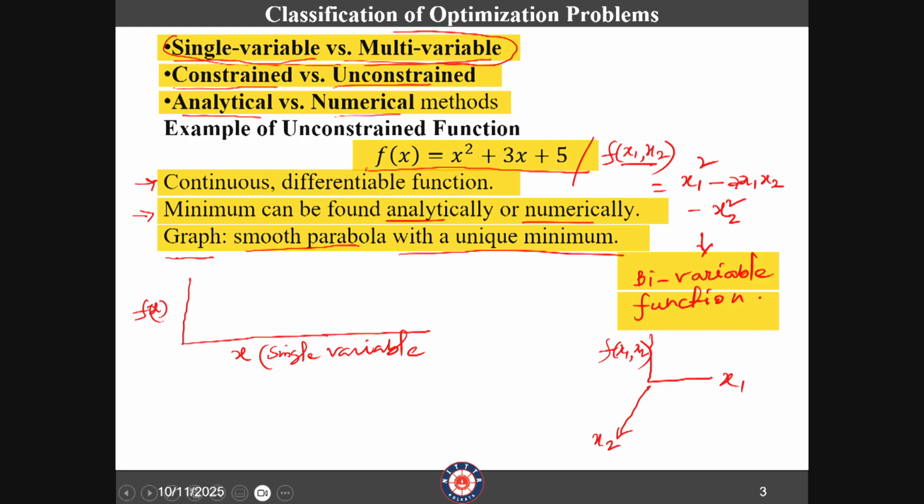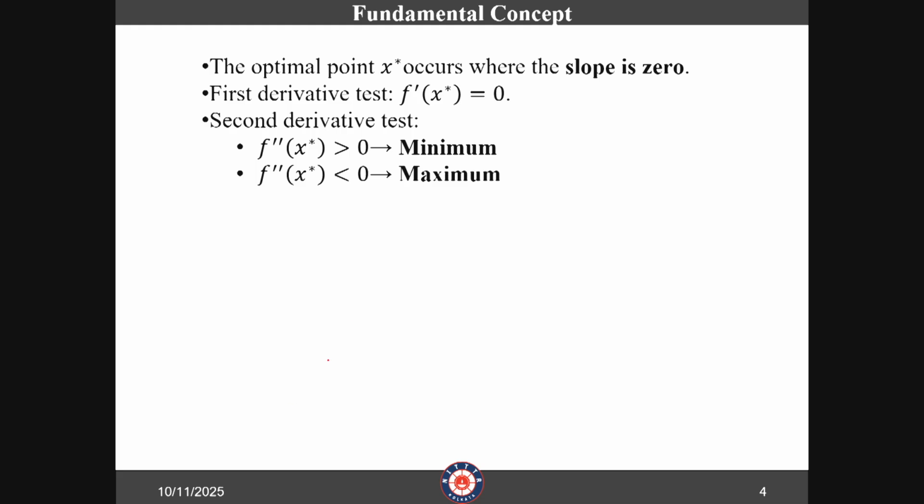In this example, if I want to optimize this function, what do I have to do? It is very easy. First, I need to make the slope of the function 0. Of course, we have seen this technique in our calculus classes in higher secondary.